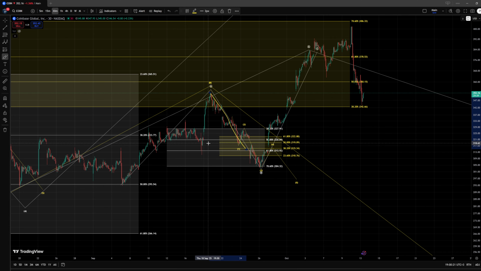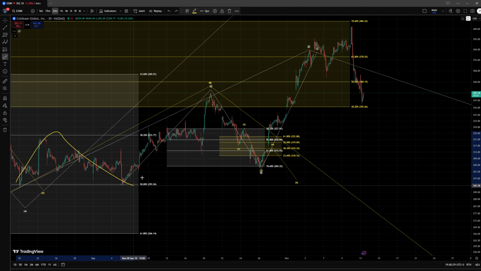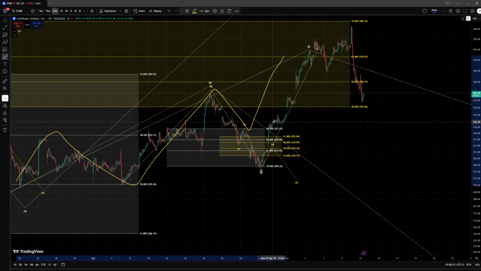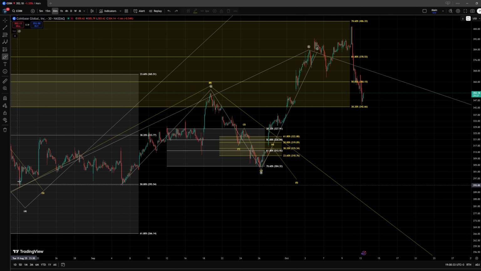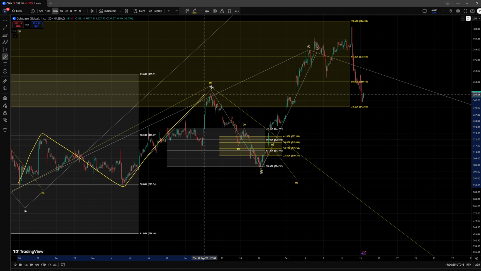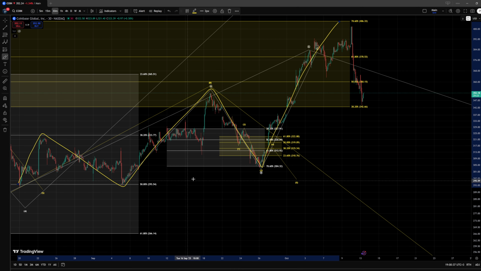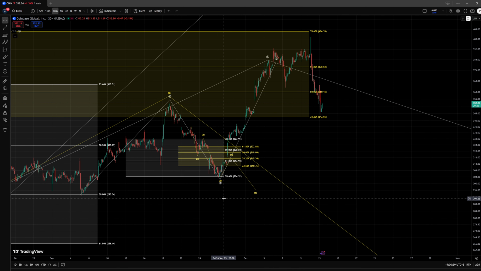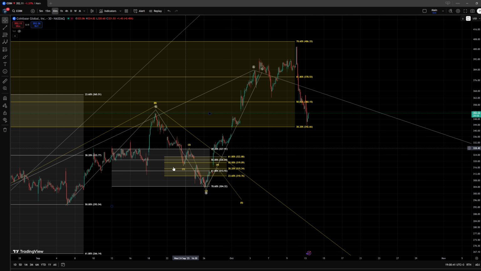But we actually broke the initial support zone, and we had to resume tracking a different scenario, where instead of having a more clear 5-wave structure 1, 2, 3, 4, 5 to the upside, we had to switch to a 1, 2, and then an ABC within the third wave to the upside. And honestly, that can be counted. The wave C kind of works. It's not ideal.